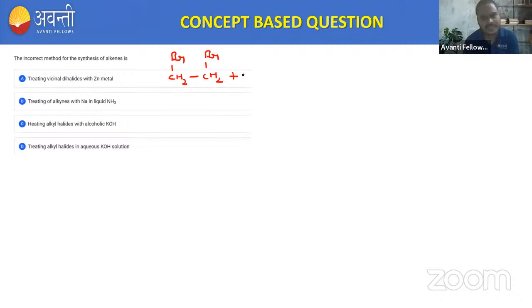When this is treated with zinc, then what you'll get? You'll get CH2 double bond CH2, that is alkene. So by this method we can prepare alkene. So this is not the incorrect method, right? This is the correct method.